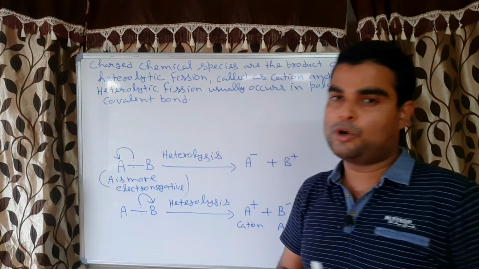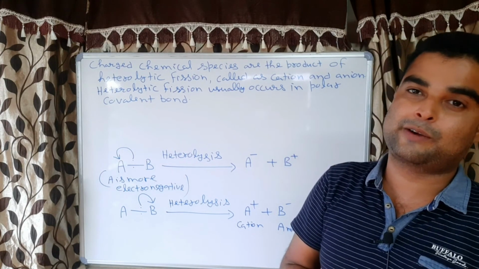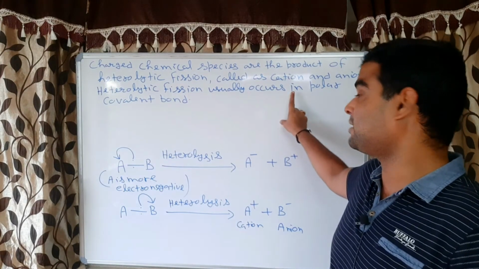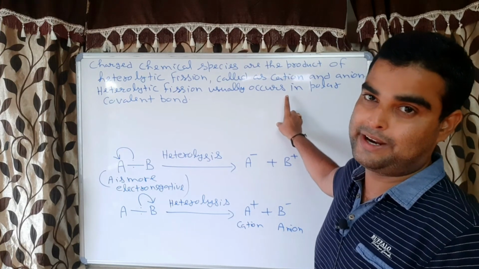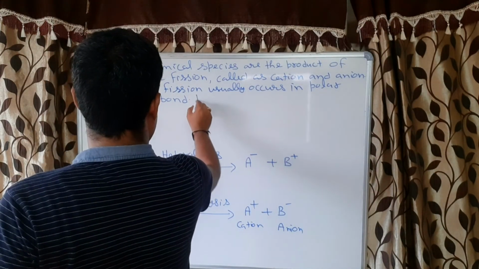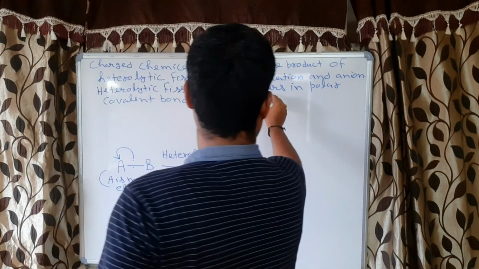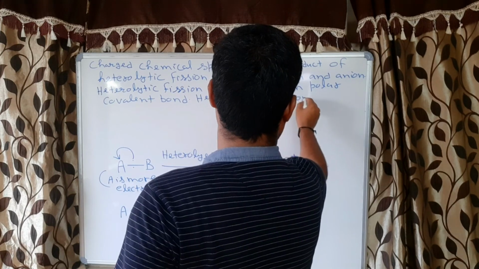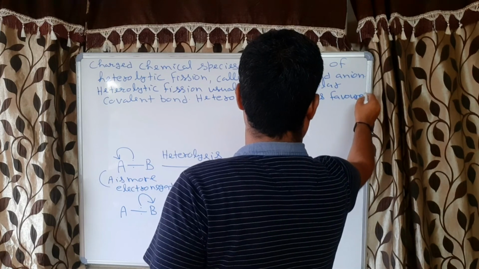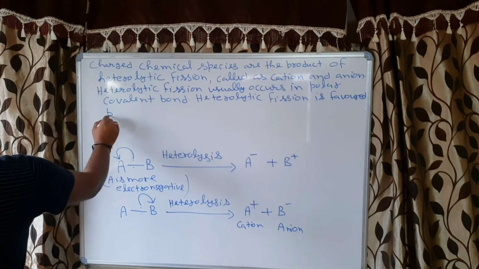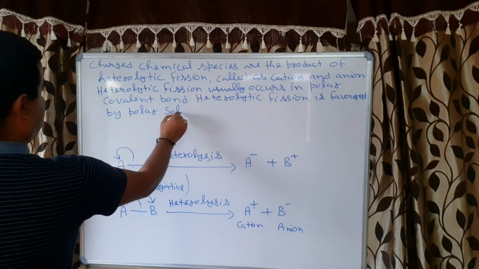Now, as I told you, in case of homolytic fission, a non-polar covalent bond is favored by a non-polar solvent, but this is a polar covalent bond. It means heterolytic fission is favored by a polar solvent. Correct? Heterolytic fission is favored by polar solvent.